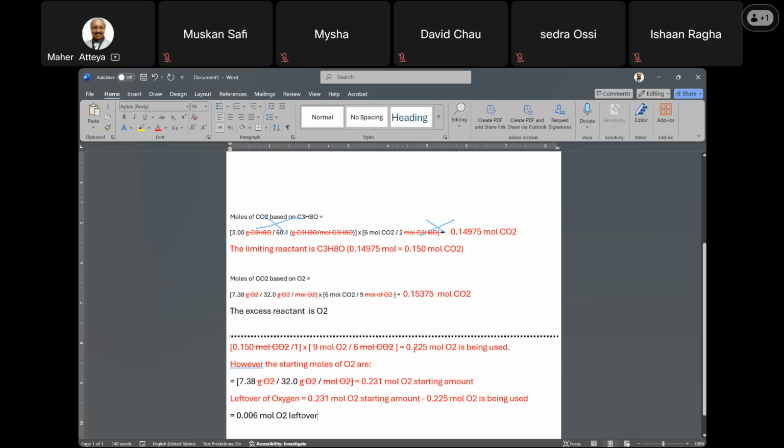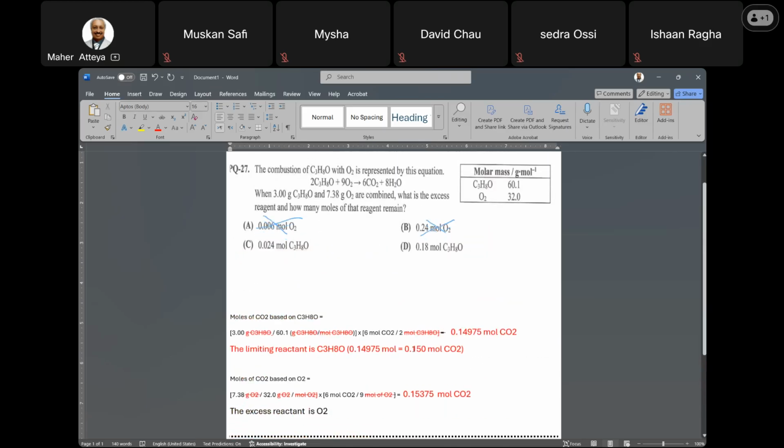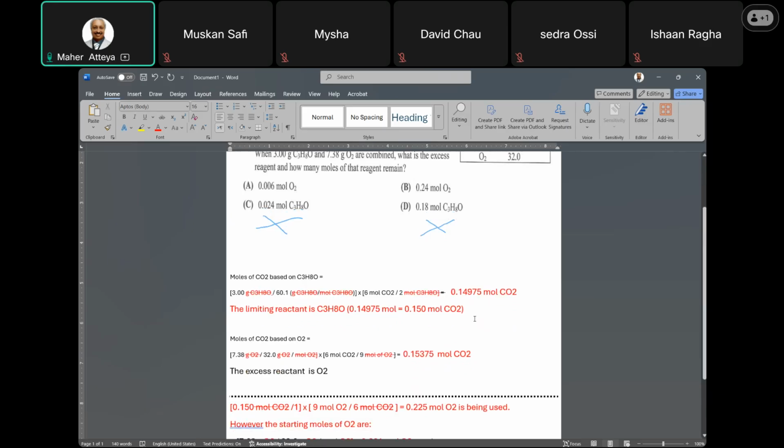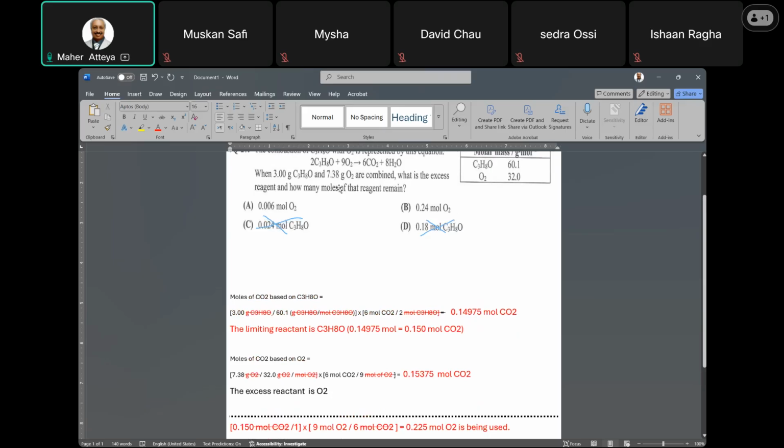Okay, guys. So let's go back and look at the answer here. We know the CO2 is 0.14, limiting, and the oxygen is the excess. So the oxygen is excess. They're asking about the excess. And where is the excess, guys?